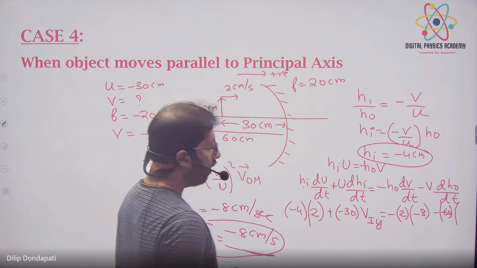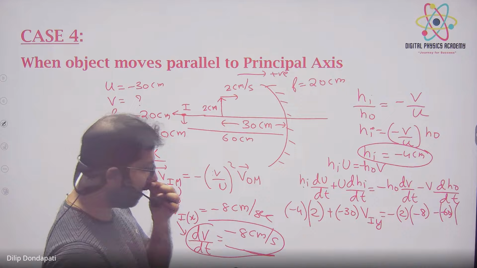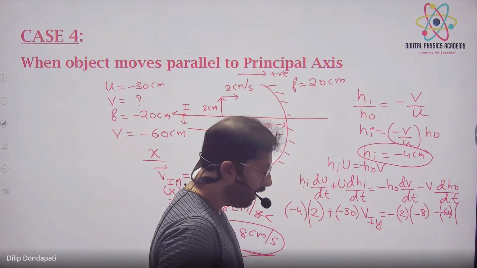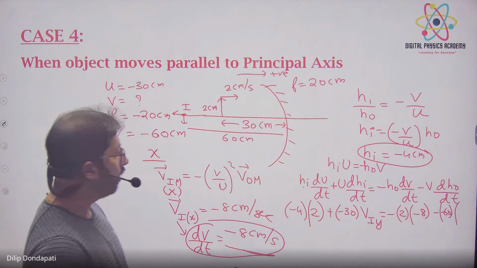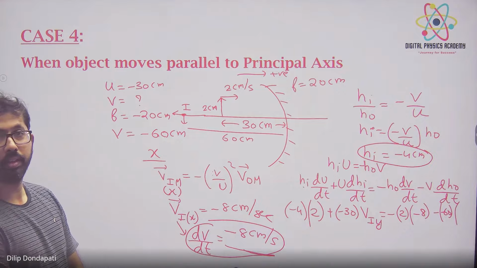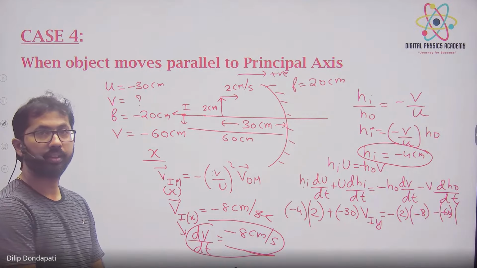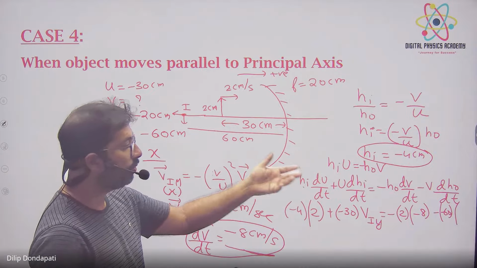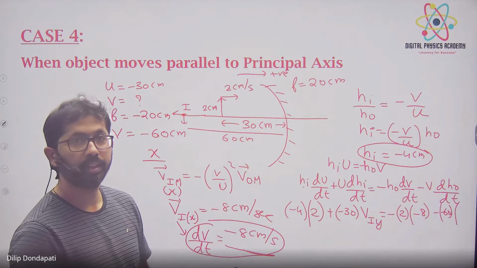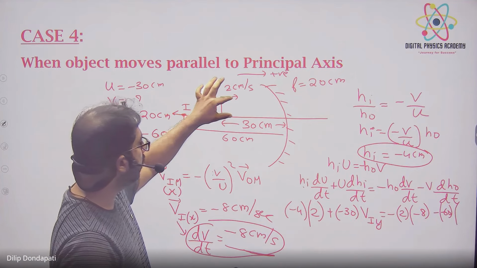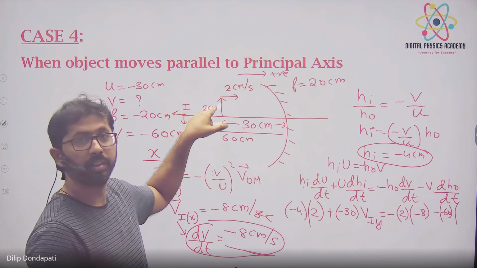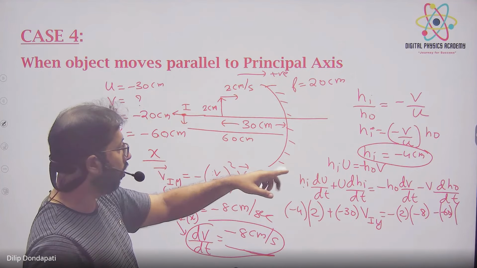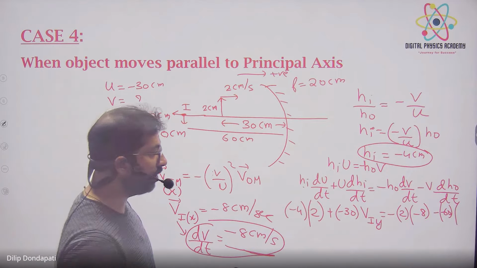Okay, dho by dt, tell me dho by dt in this case में बोलो, कौन बोलेगा? dho by dt, rate of change of object height, right? Indirectly. So ये height, if you see, object height तो same है in this case, it's not going up and down, so constant है. So constant का differentiation is 0.